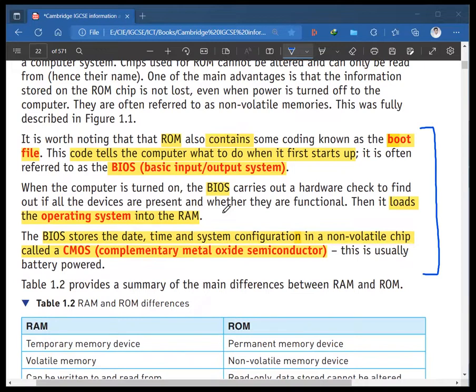BIOS stores the date, time, and system configuration in a non-volatile chip called CMOS, complementary metal oxide semiconductor. No need to know this.